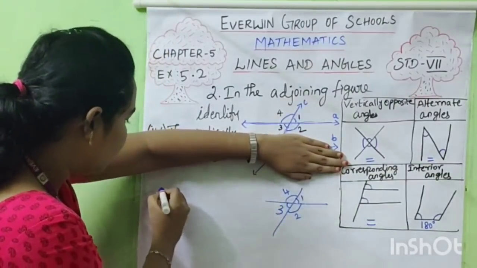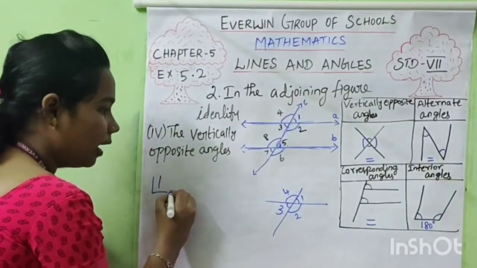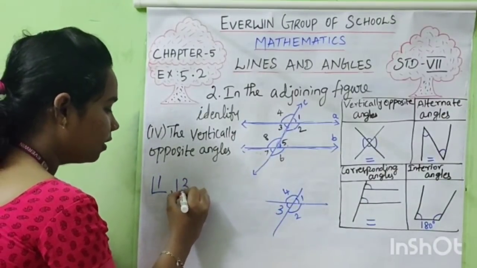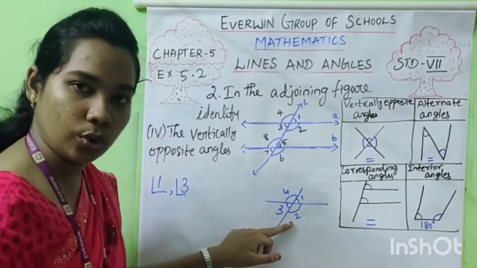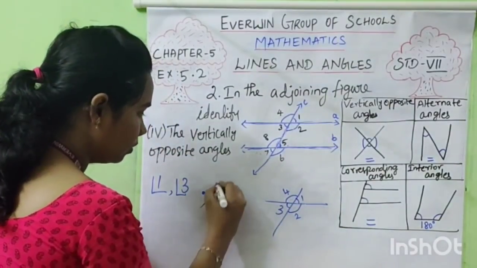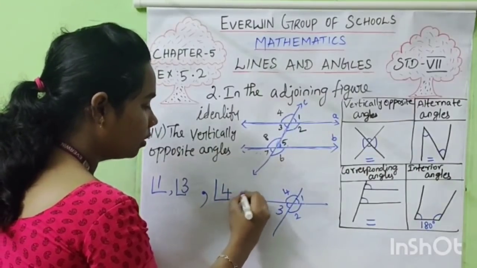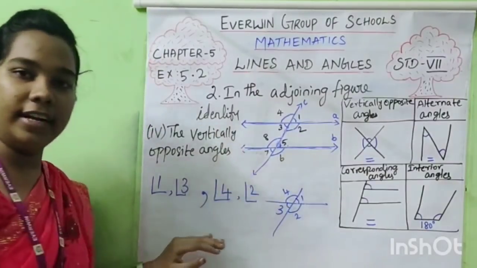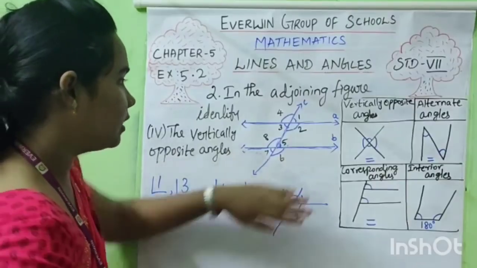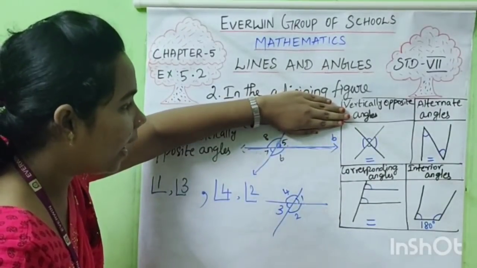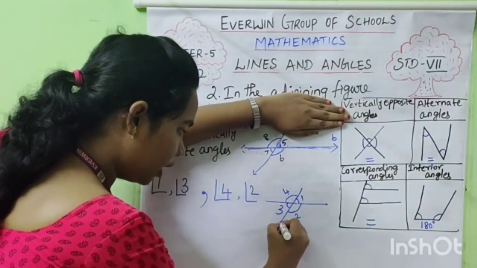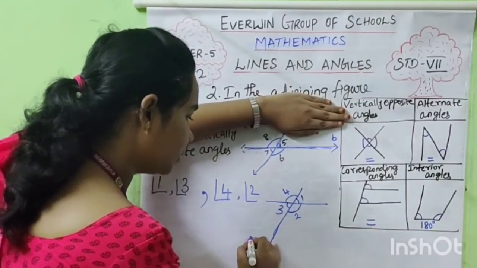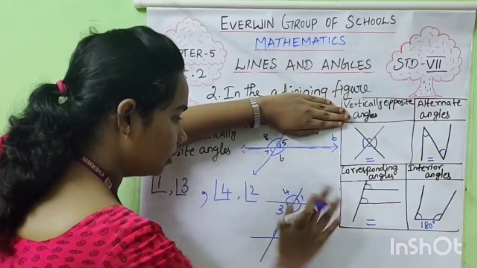So first I am writing angle 1 and angle 3 are vertically opposite angles. Next, 4 and 2, right? 4 and 2 are vertically opposite angles. Next, I am hiding this part and I am going to take this part. Okay. So I am going to continue the same in this picture. See, I hide this also.